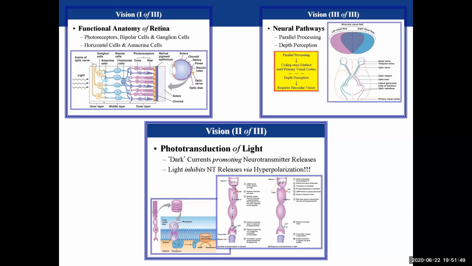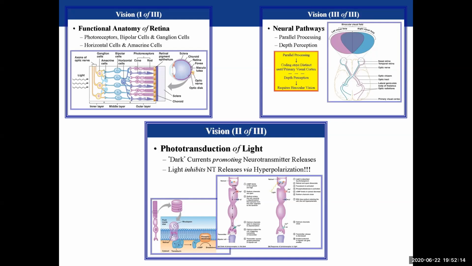So the ganglion cells generate action potentials and propagate them along the optic nerve, cranial nerve number 2, right? The optic nerve is a bundle of axons located physically outside the central nervous system. That's why we call it a nerve, the optic nerve.